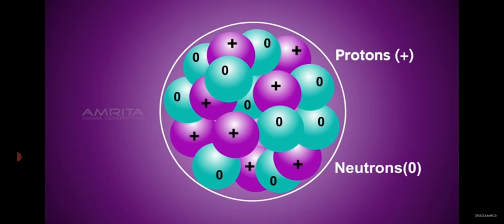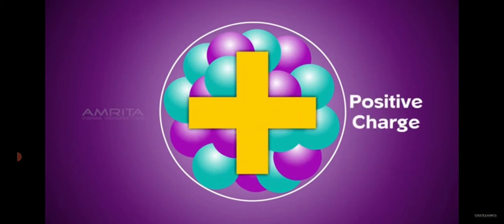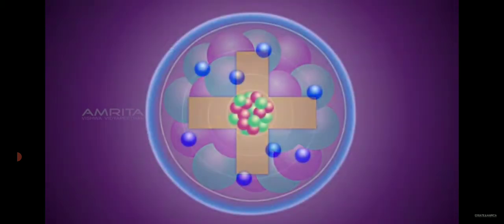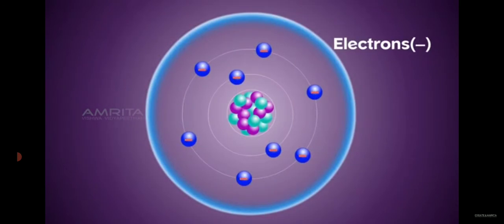So the nucleus is positively charged. Protons and neutrons are collectively called nucleons. Next, electrons are negatively charged and are located around the nucleus.